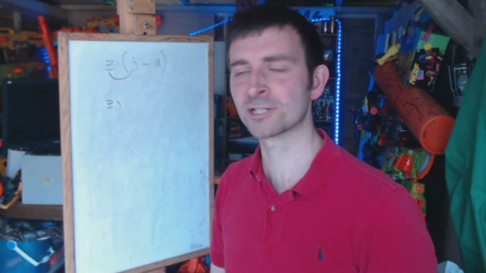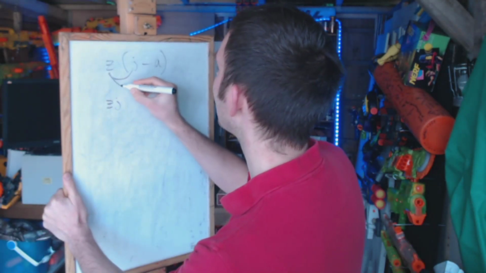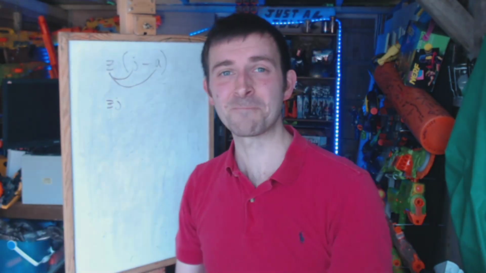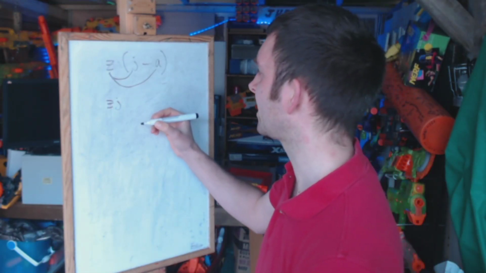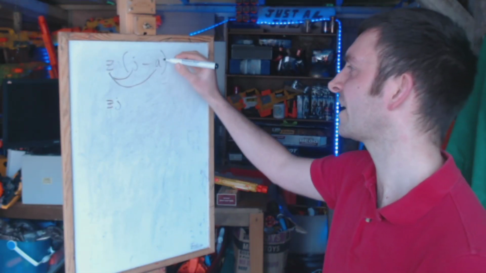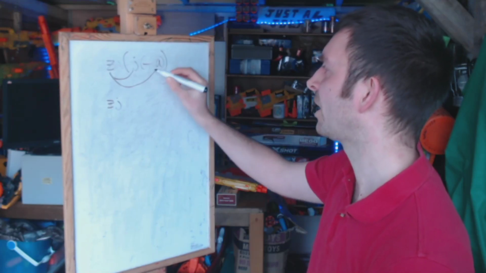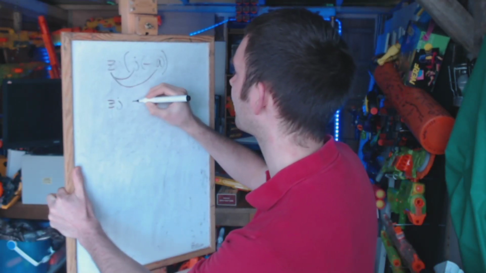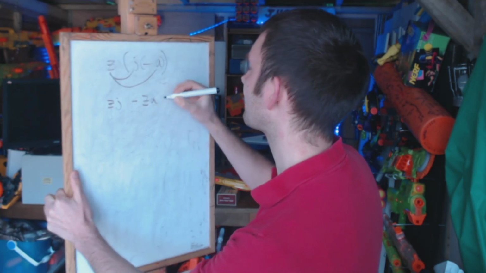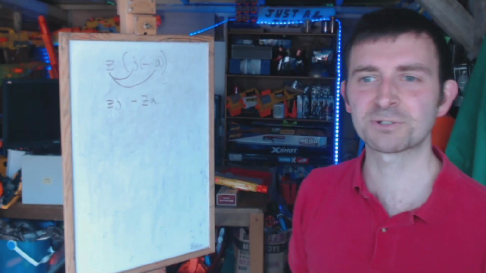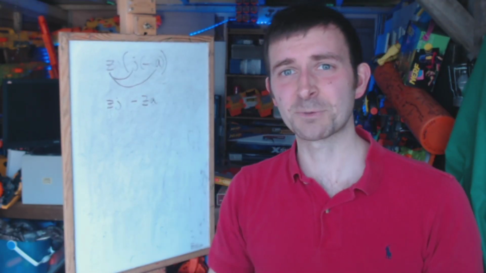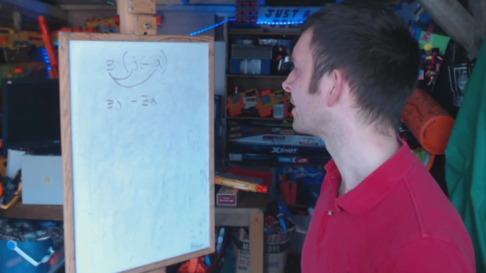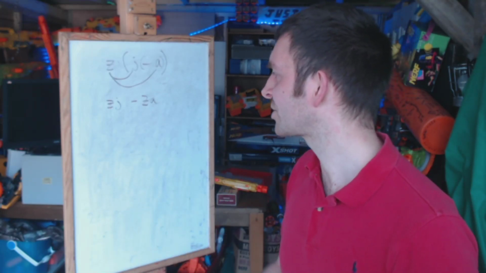And then you have Z multiplied by A. But it's not just Z multiplied by A, is it? It's Z multiplied by minus A, which means we're going to end up with minus ZA. Because when you're multiplying, if one of the things you're multiplying is negative, then your answer is going to be negative as well. So in this case, ZJ minus ZA.